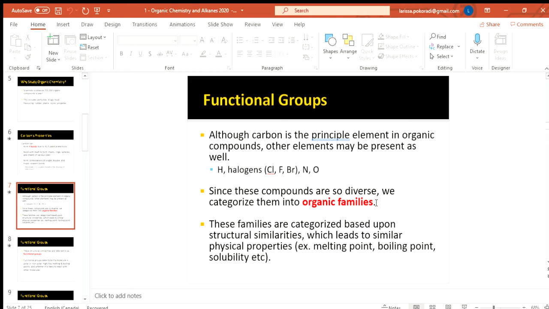Depending on what pops up in your molecule, you might have different properties, such as a high melting point or high boiling point. Maybe it's insoluble or soluble; it will have different properties because of that structure.